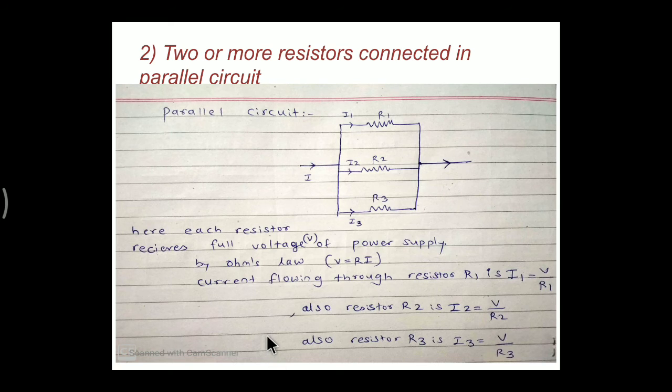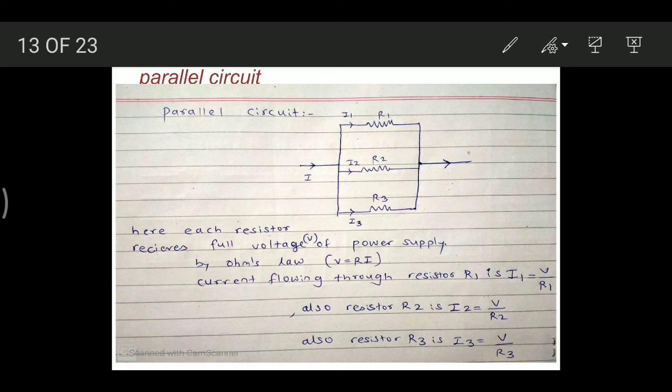So by Ohm's law, we know that V is equal to RI. Hence the current flowing through each resistor is different here. In this condition, the current flowing through each resistor is different. Through R1 it is I1, through R2 it is I2 and through R3 it is I3.